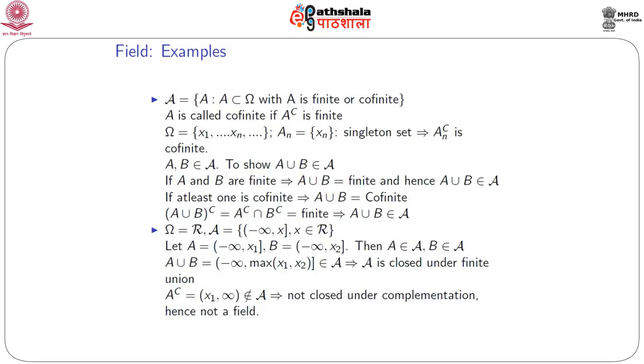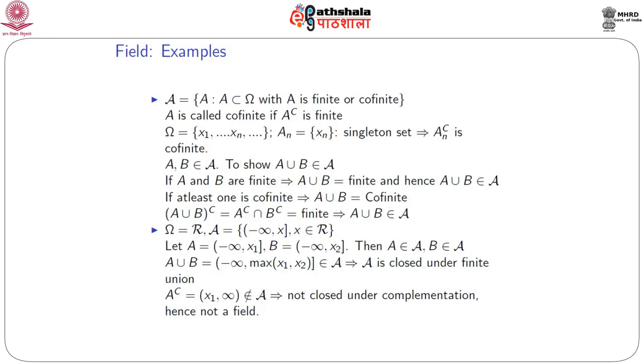Now, consider another example. Here we are considering the real line as our universal set, and we are considering a few intervals. The intervals are defined in this way: minus infinity to x, where x belongs to the real line R. We define two sets, A and B, belonging to script A. The set A is the interval minus infinity to x1 and B is the interval minus infinity to x2.